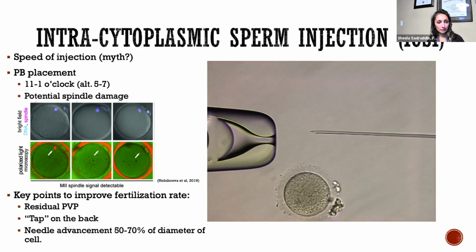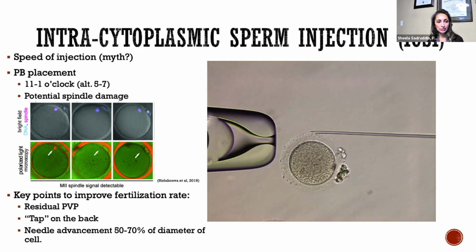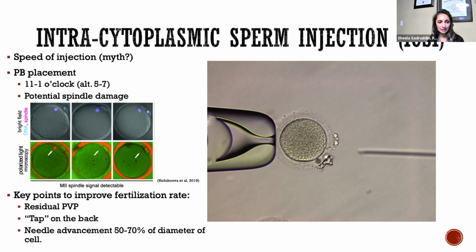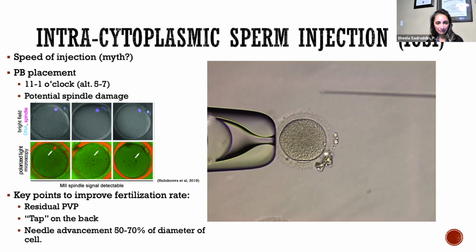Now, the needle placement is also important, in that you want to advance your ICSI needle at least 50% of the way from the zona pellucida to the center of the cell. 50 to 70%, I have found, is the sweet spot, so to speak, and tends to work really well. We've seen various techniques, but in our lab this tends to work perfectly.